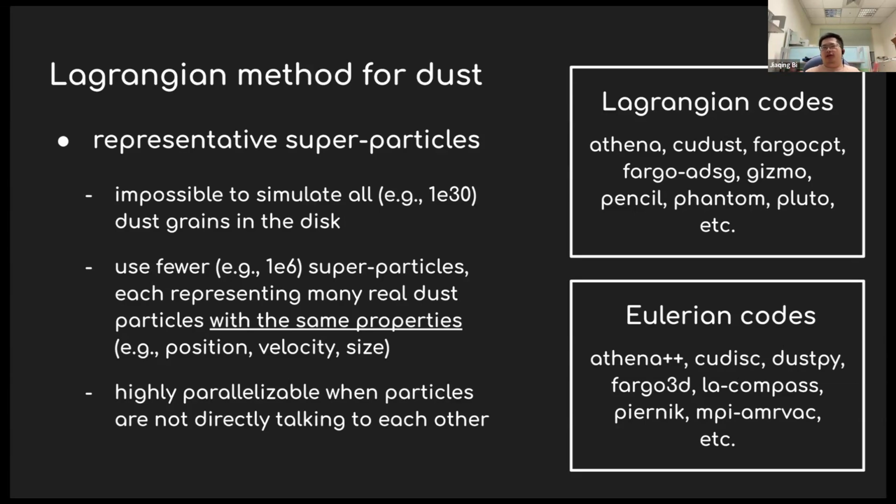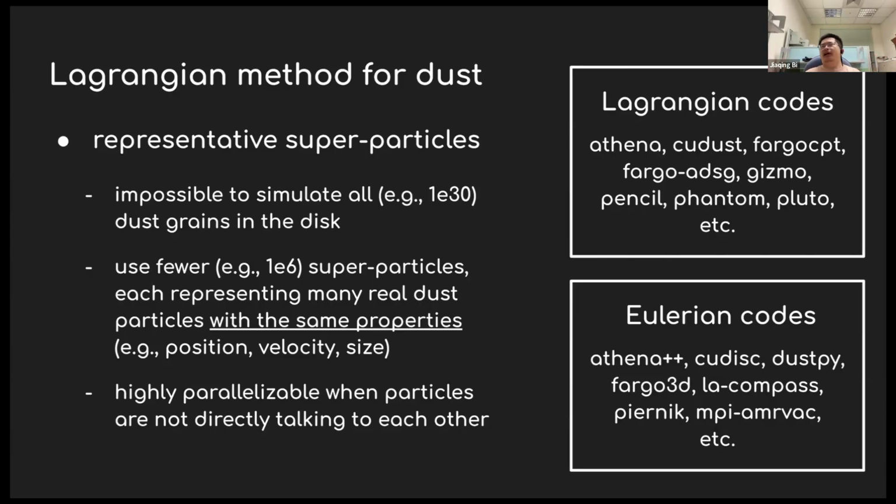The key advantage of Eulerian code is that it performs very well when the dust particle is very small, very coupled to the gas, which the Lagrangian particle treatment doesn't really do well.